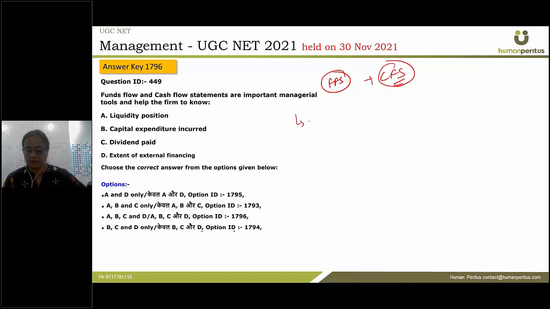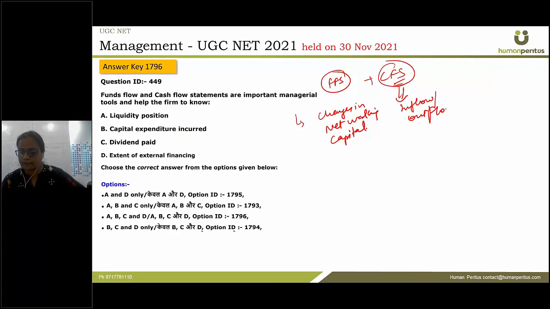The fund flow statement, it's a statement which shows changes in the net working capital, right? And what cash flow statement is? Cash flow statement basically gives you the information about inflow and outflow of cash and cash equivalents out of basically three kinds of activities, that is operating, investing and financing activities, right?